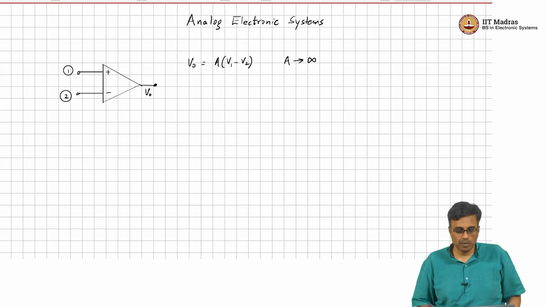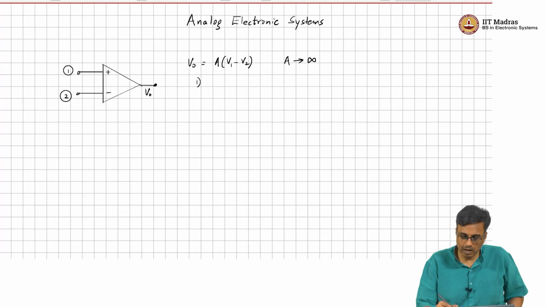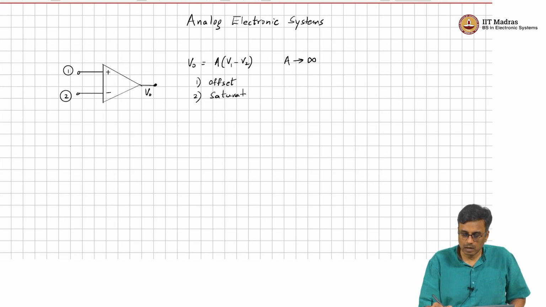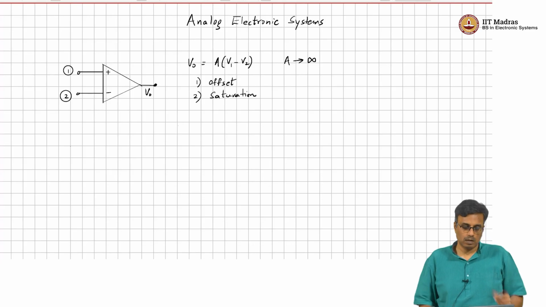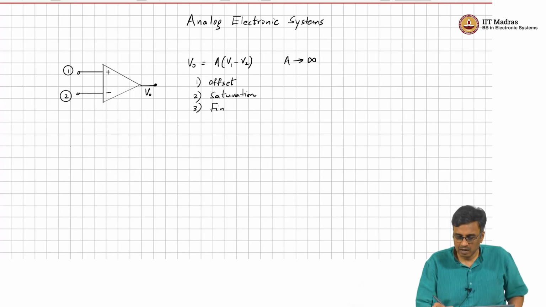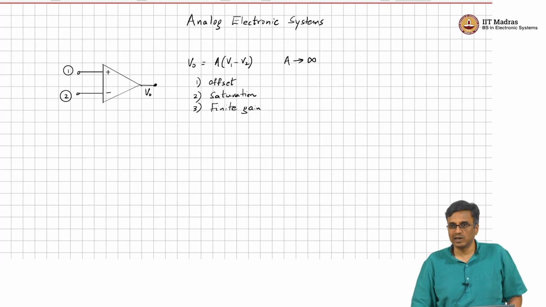And we also saw some practical non-idealities, namely offset and saturation. All right. Of course, finite gain, meaning that the gain A only tends to infinity, it is not actually infinite.